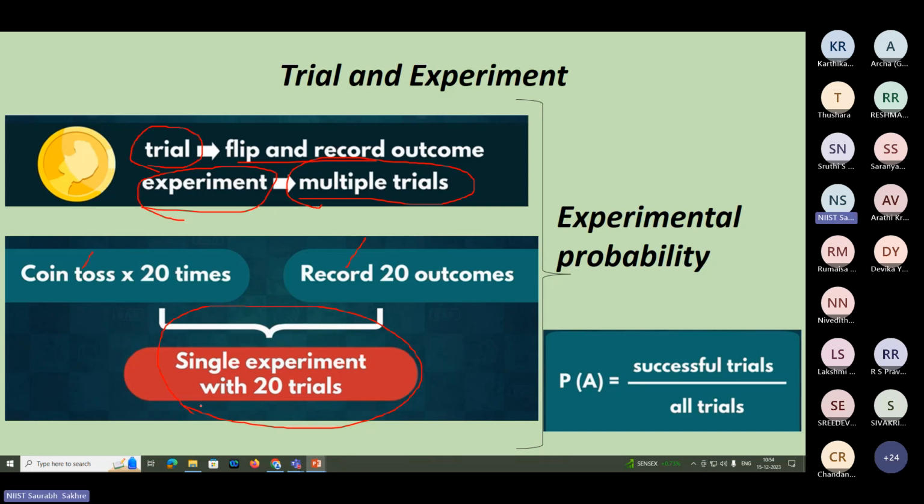So in this case, what will be the experimental probability? It will be P of A, the successful trials upon all the trials. Suppose you want a favorable outcome, for this coin example, at least 8 heads out of 20 times. So 8 by 20 will be your probability. P of A in this case will be successful trials divided by all trials.